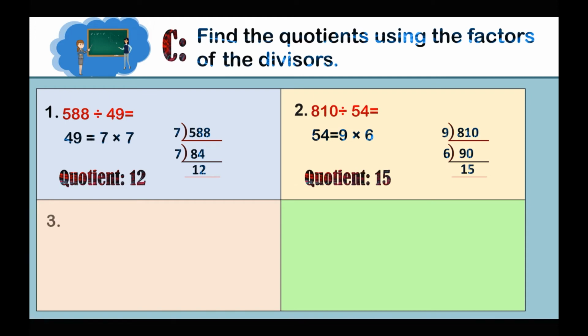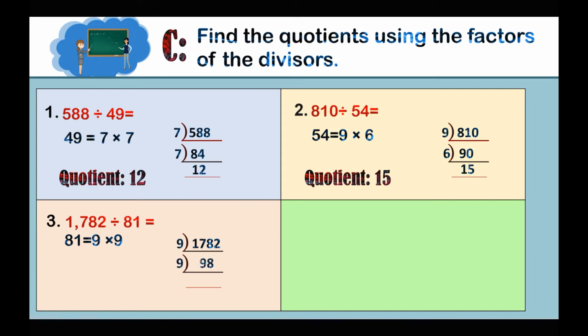Number 3. 1,782 divided by 81. The factors of 81 are 9 and 9. So we are going to use 9, these two factors, to divide 1782.